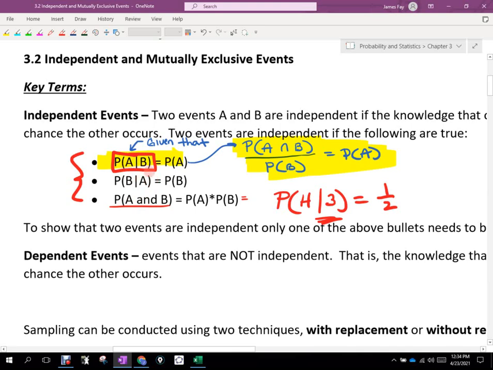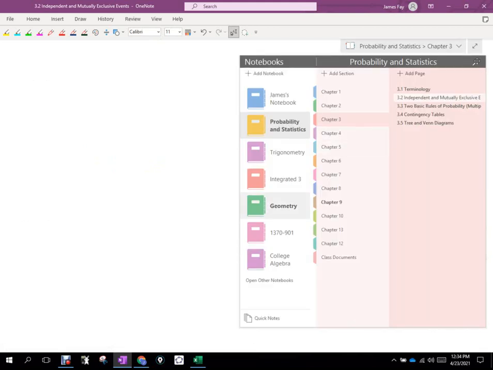If you can't meet these 3, they're dependent. If you meet any one of these 3, they are independent. I'll probably talk about that a little bit more on Monday with some examples, but it's all predicated off this conditional probability concept.